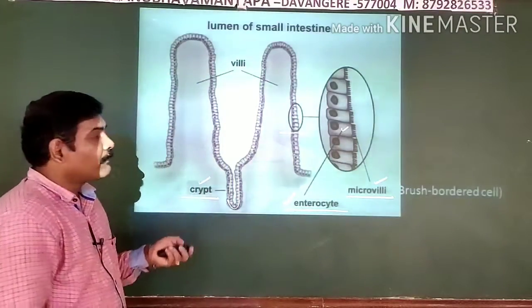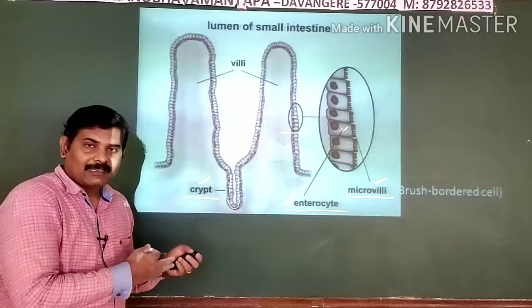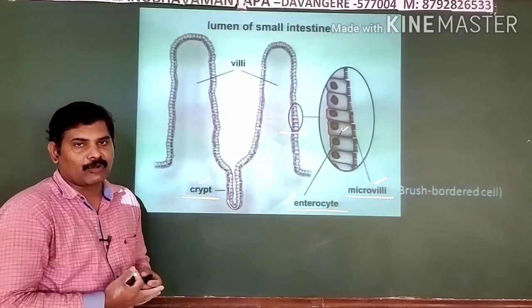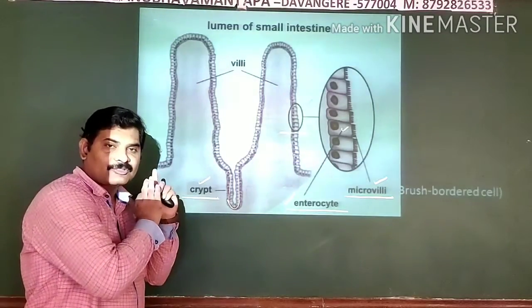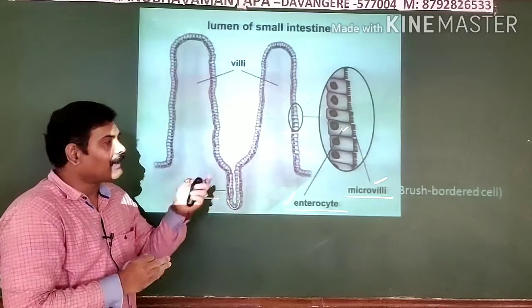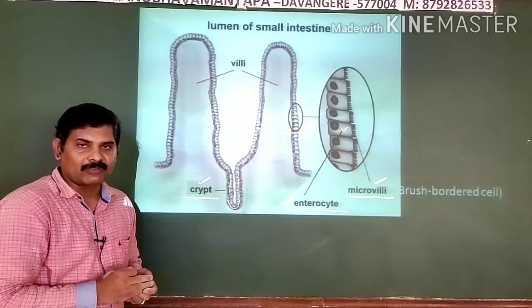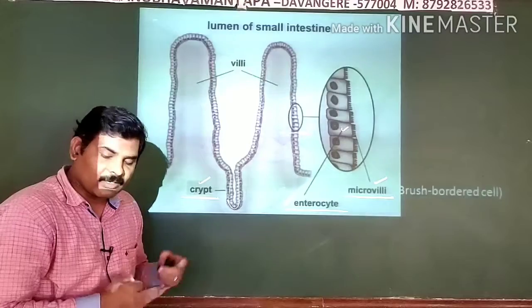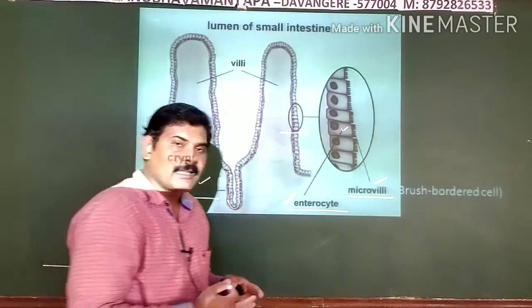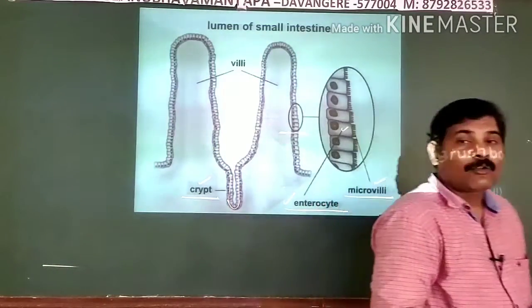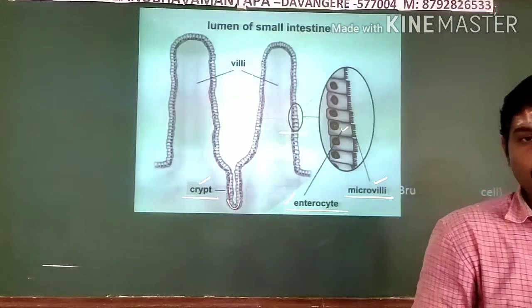This is all about the intestine and the histology of your alimentary canal, the difference between the gastric rugae and the villi, and the complete structure of the villi. This is all for today, and in the next class I will explain in detail the different kinds of digestive glands present in our digestive system.